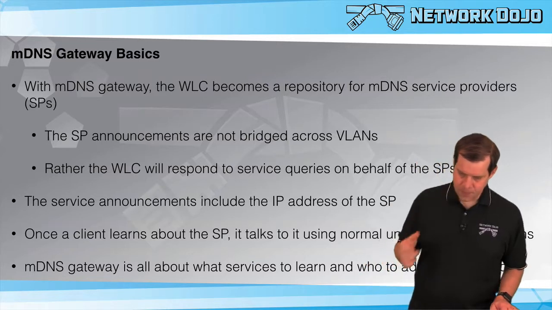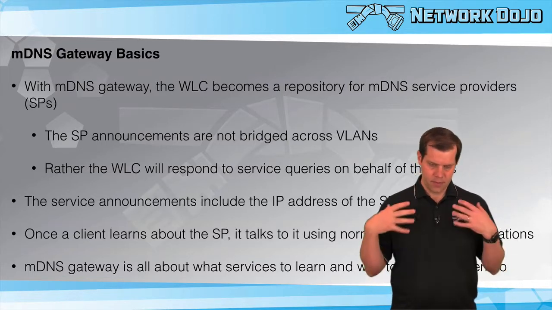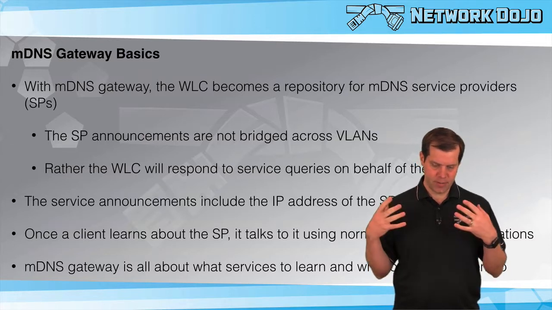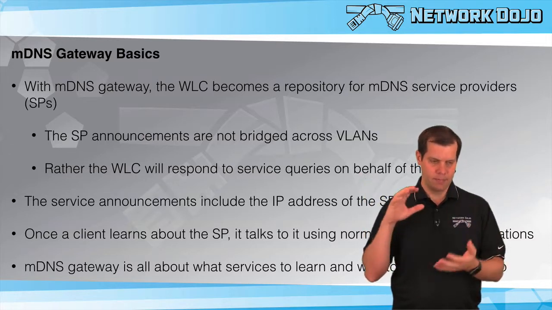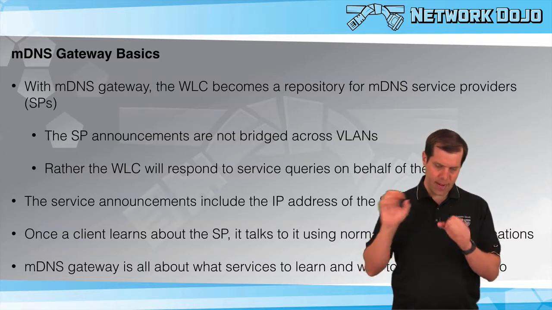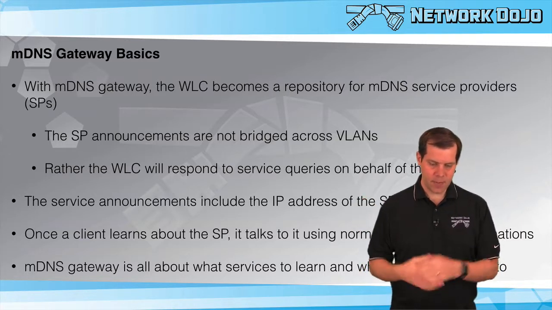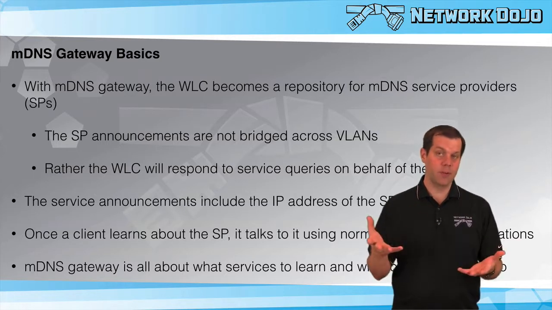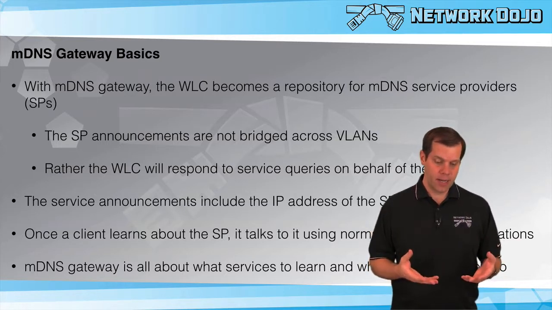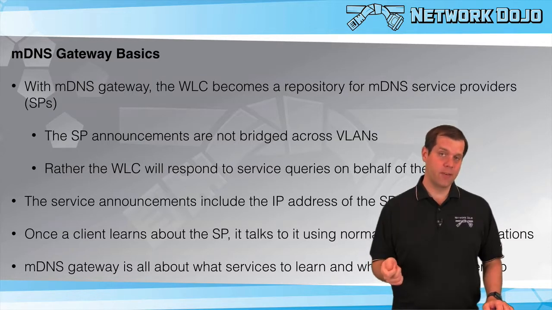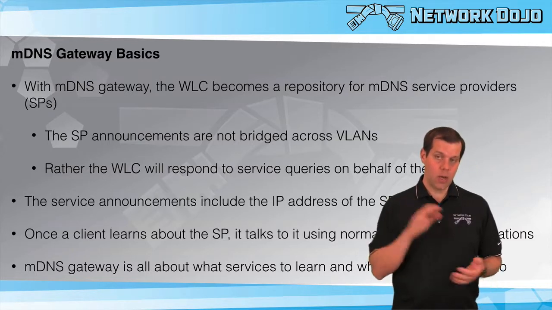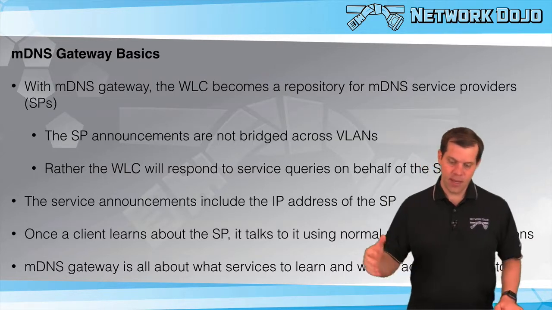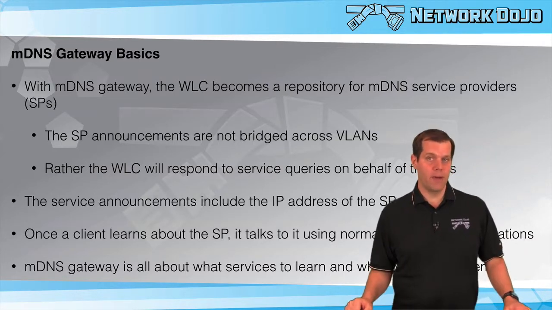Rather, it becomes the central place that advertises things out. The controller builds a repository list of service providers and the services they offer. Then when someone asks for that service with a service query, if it knows about a provider, or multiple providers, for that service, it can respond on behalf of the service provider.